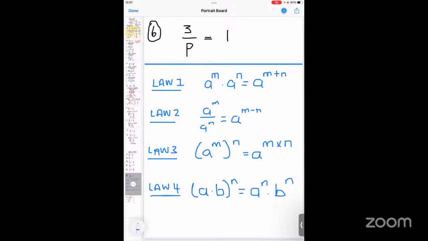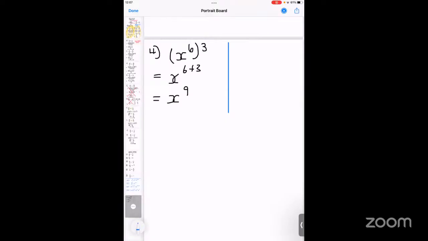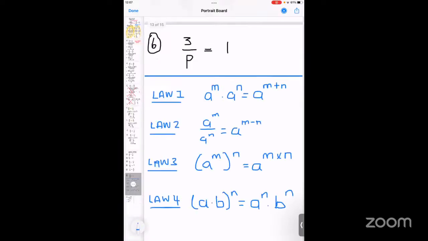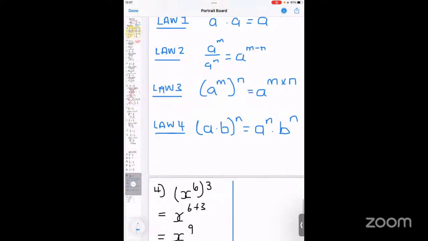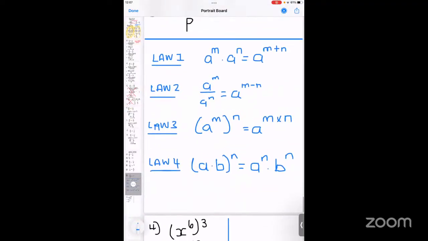So now let's see. When you look at these laws, Manahil, which law do you think is close to looking like this problem in terms of the structure? Do you think it's law 1, law 2, law 3, or law 4? It's law 4. Okay.